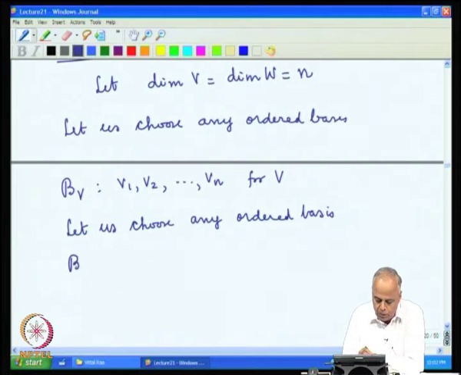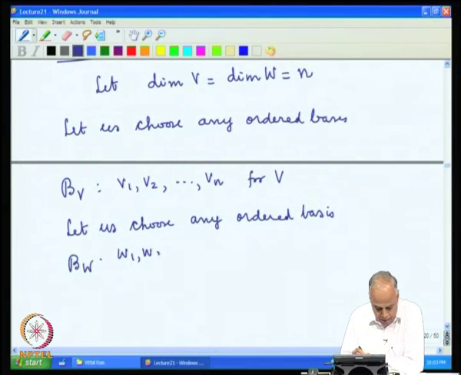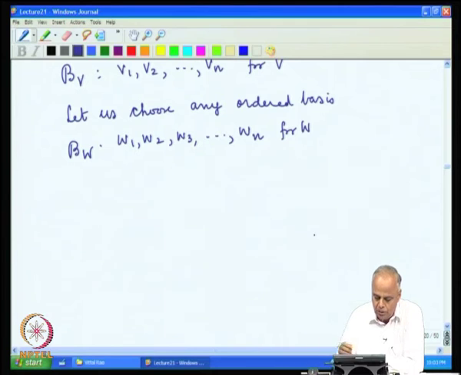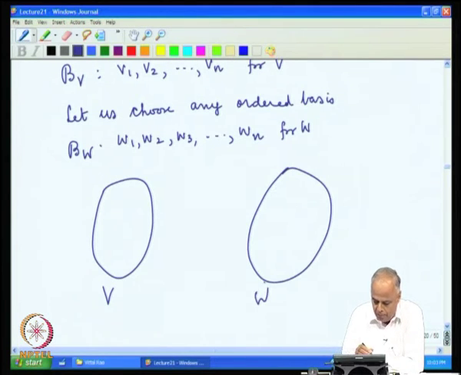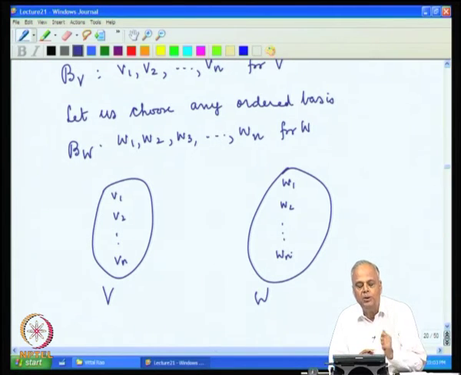The W basis should also have n linearly independent vectors from W. Let us call them W1, W2, W3, Wn for W. So, now we have these two bases. Here is V, here is W, and we have these basis vectors V1, V2, Vn, W1, W2, Wn. These V's are the basis for V and the W vectors are the basis for W.